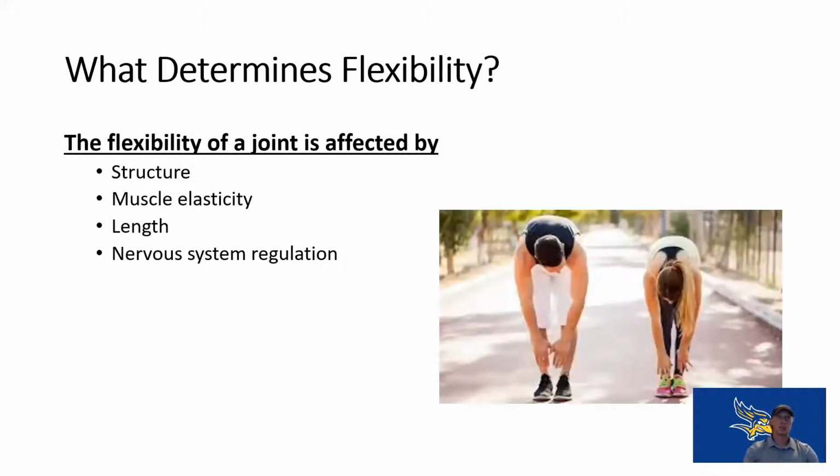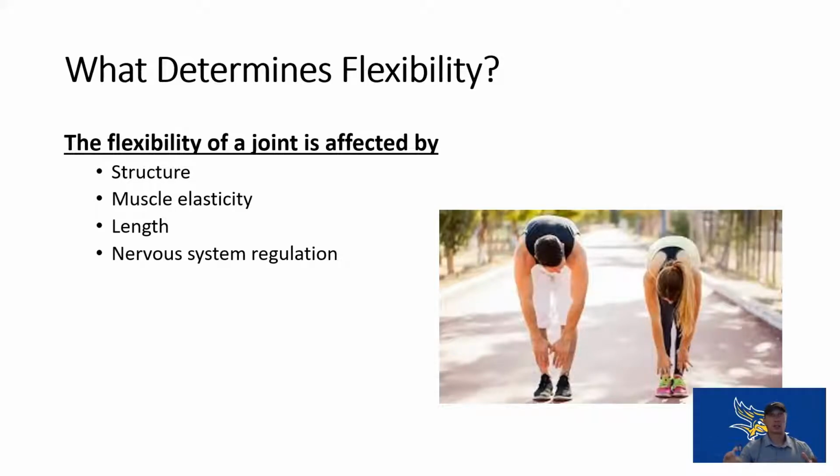Okay, so what determines our ability to achieve range of motion? First it's the joint structure. So how's that joint shaped? How those two bones are shaped against each other. The elasticity of the muscle and connective tissue. So how far we are allowed to stretch from that soft tissue standpoint. Length of that tissue.